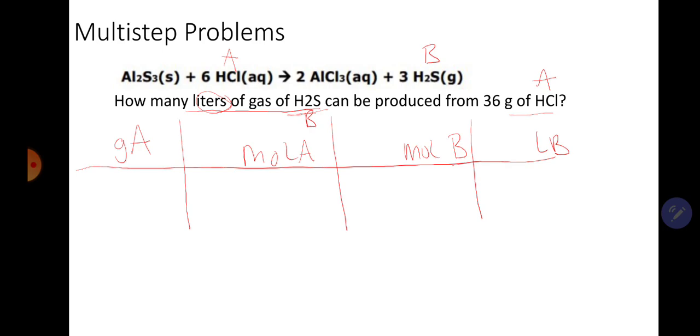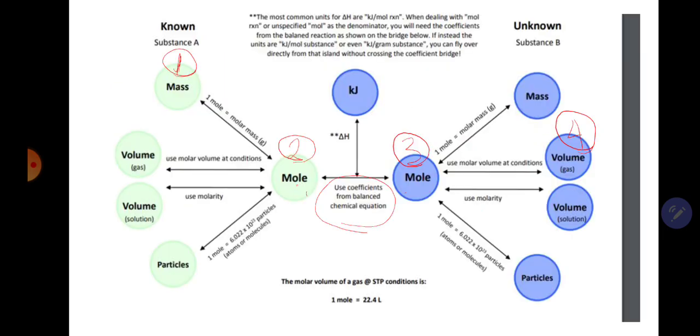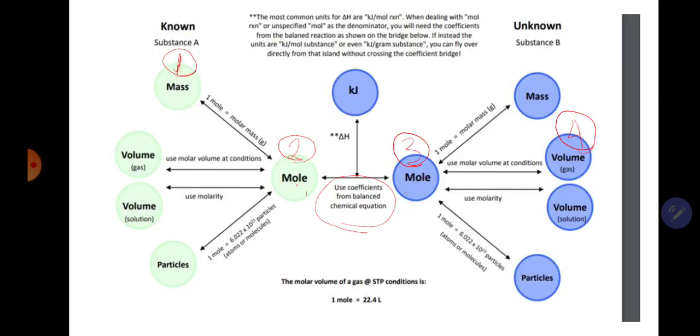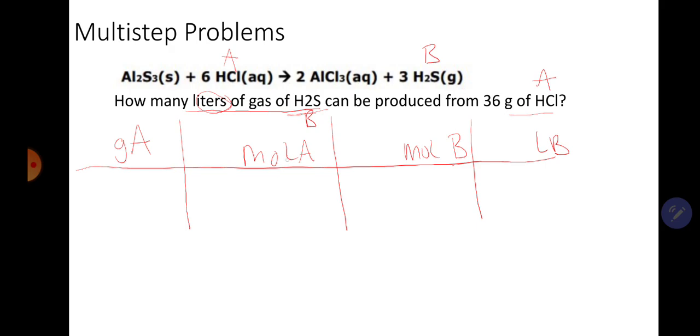So based on the conversion factor, we know 1 mole is molar mass. So I have my mole right there. My molar mass is going to go on the bottom. Then my grams and grams cancel. My given goes in the first box. 1 mole, we'll go find that molar mass here just in a little bit. Those cancel now.